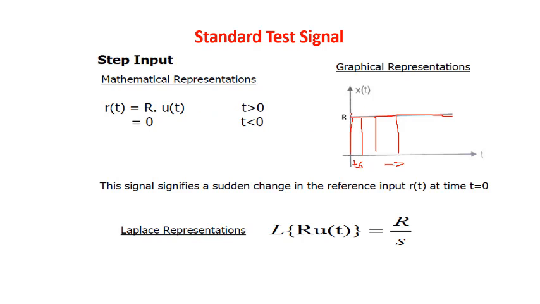The magnitude here is taken as r; in some books they take it as a. So the input r(t) is equal to r times u(t) for all values of t greater than 0, and it will be equal to 0 for t lesser than 0.